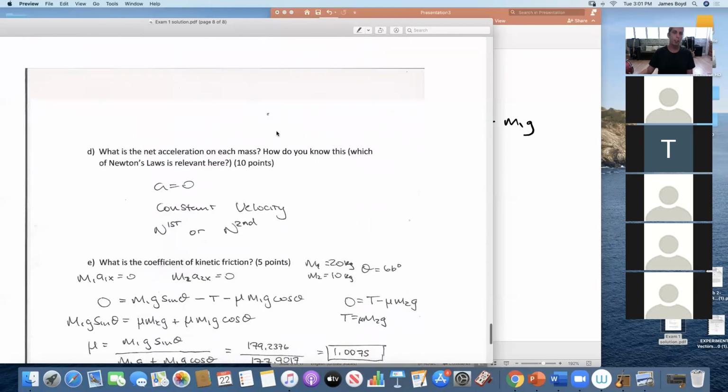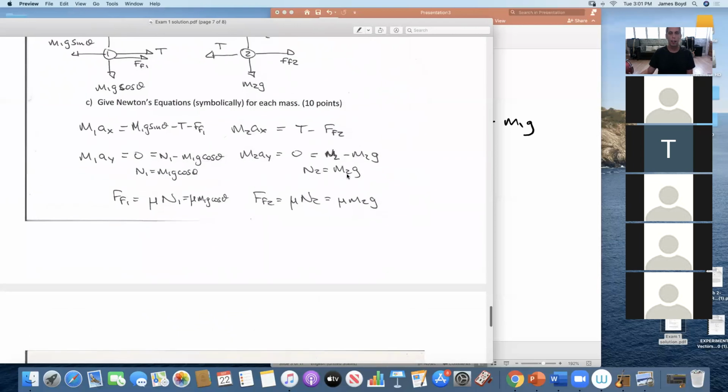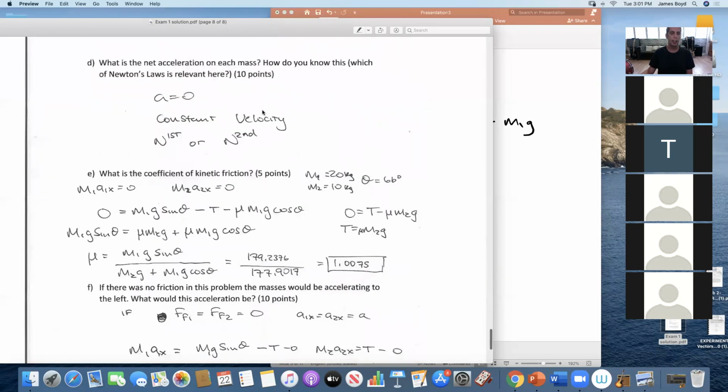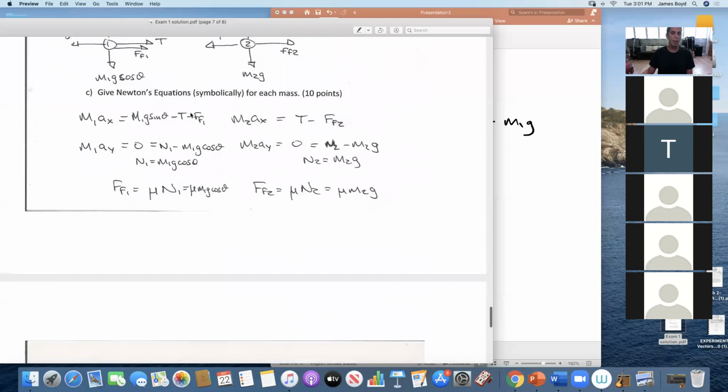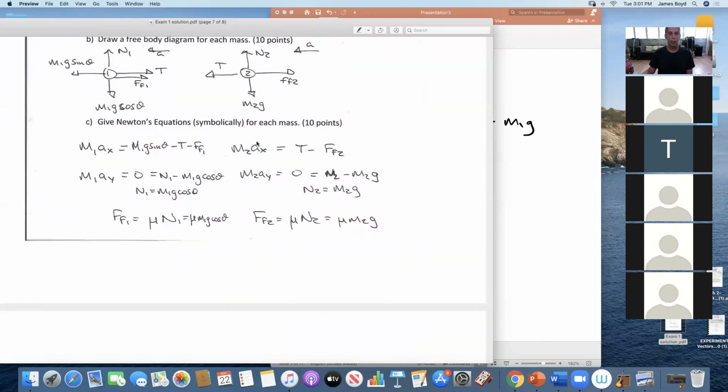So what you would have to do is plug in m2 g for n2, plug in for f f2, mu n2, same here. Solve this for T and plug it in over here, and you get this horrible equation. But you know that the m a's are all 0. So if T minus mu m2 g is equal to 0, then T is equal to mu m2 g, plug that in there.